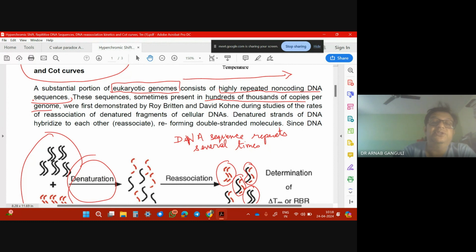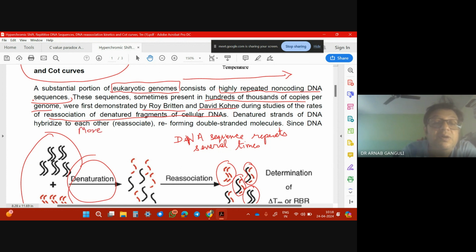They were first demonstrated by Roy Britten and David Kohne during studies of the rates of reassociation of denatured fragments of cellular DNA. So you denature the whole genome, make them single stranded, and then you allow them to reassociate. If there are highly repetitive sequences, similar complementary sequences, they will join faster. And if there are unique sequences, where repetitive sequences are not there, then they will join slower.